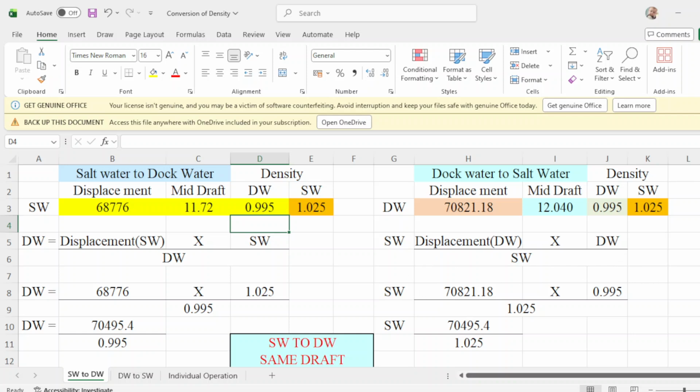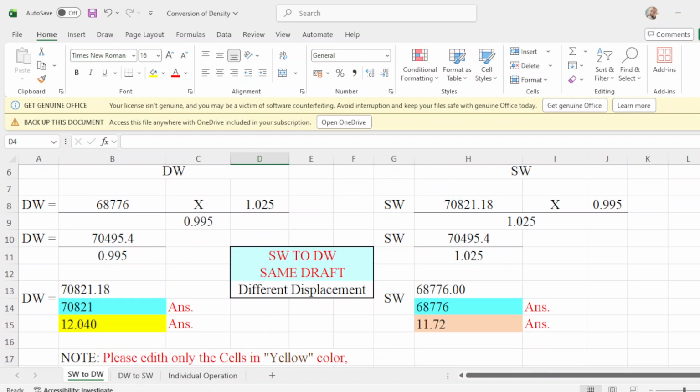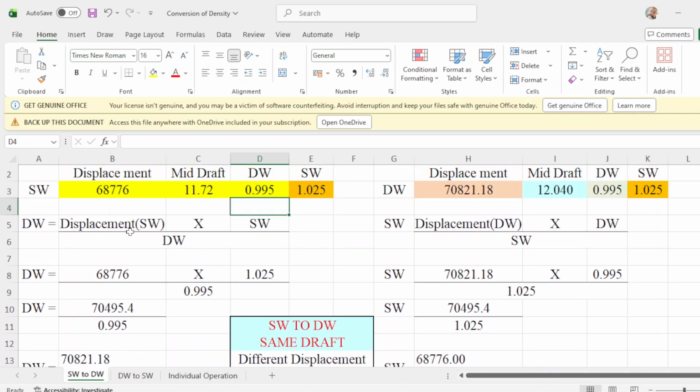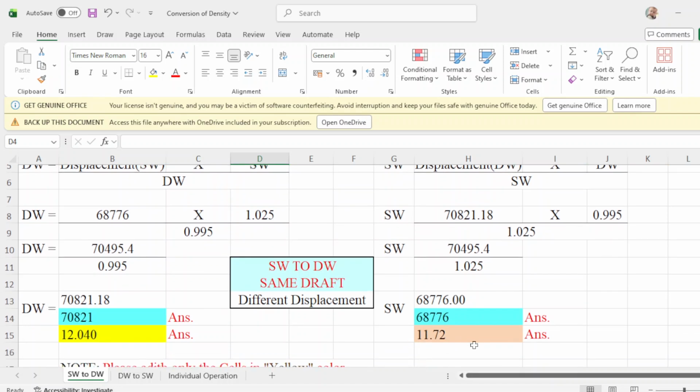Using this formula, then you will come up to your salt water displacement is 68776, which is exactly the same here, and your draft is 1172, and your draft here is 1172. So this is very quick.